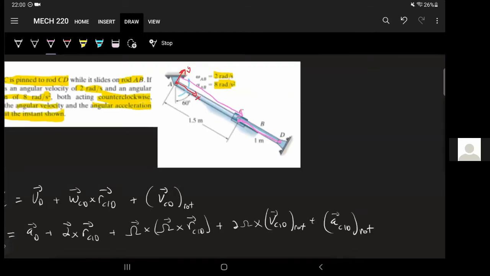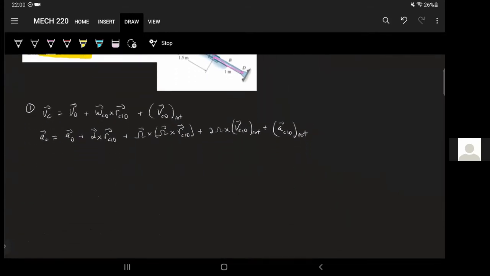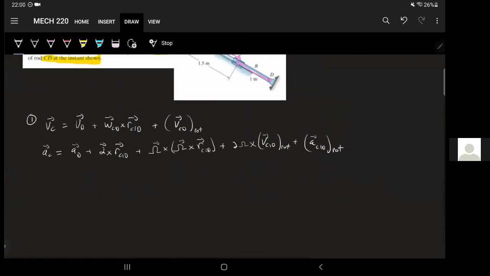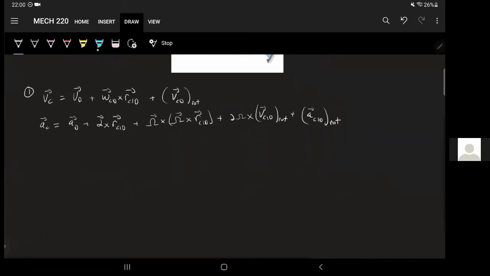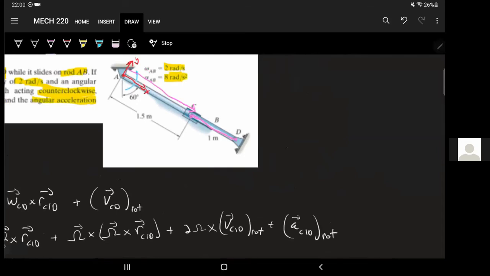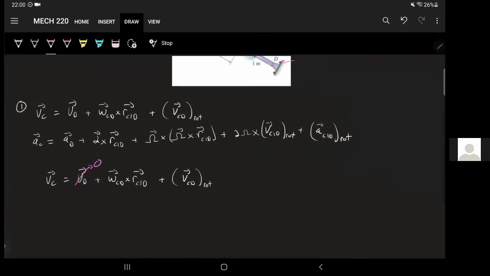All right, so now we can keep going. As I said previously, the first thing I'm going to do is go from D to C, so I'm going to reuse this same equation here. I know the velocity of D: it's a pin here, so the velocity is going to be 0.